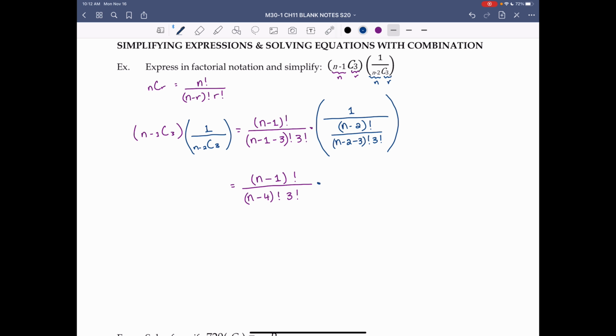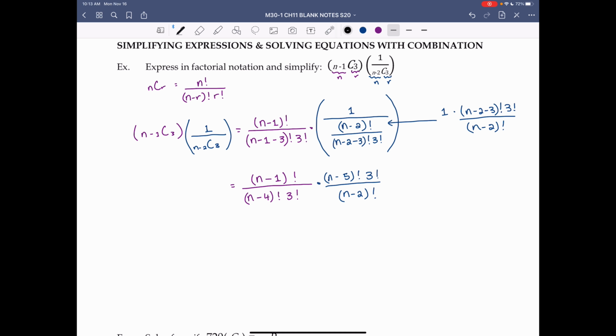So we get 1 times the reciprocal of the second fraction, which is n minus 2 minus 3 factorial times 3 factorial over n minus 2 factorial, which just becomes n minus 5 factorial times 3 factorial divided by n minus 2 factorial. The fractions are being multiplied, so I can think of them as one fraction.